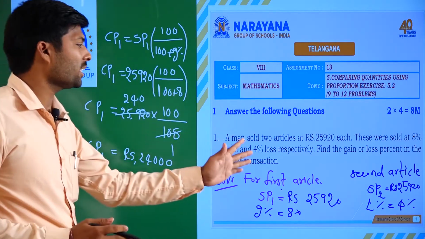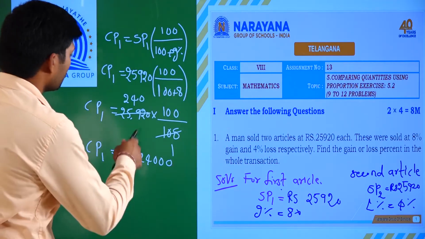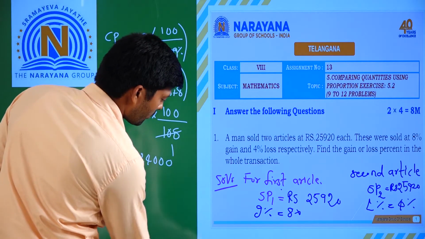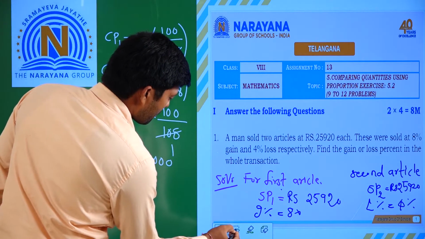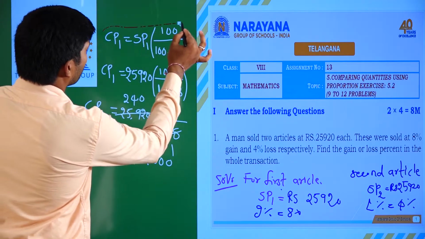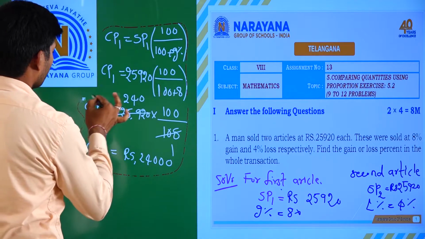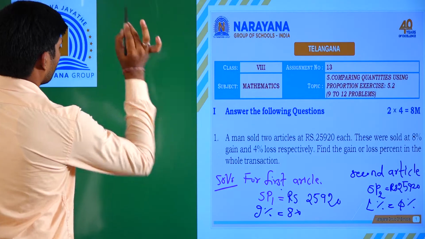Similarly, we have to find the value of the second article, which is cost price 2. So let's erase this. Yes.